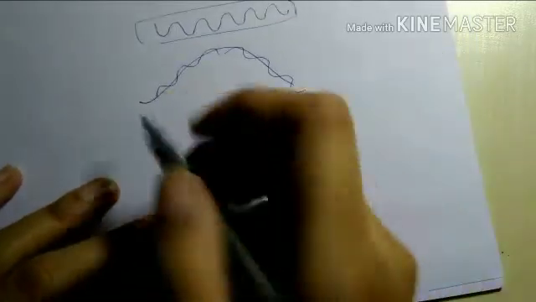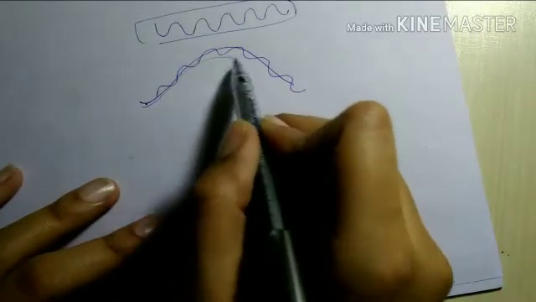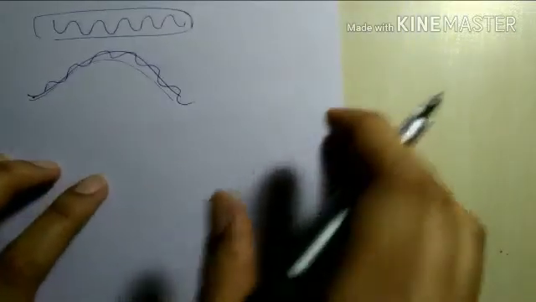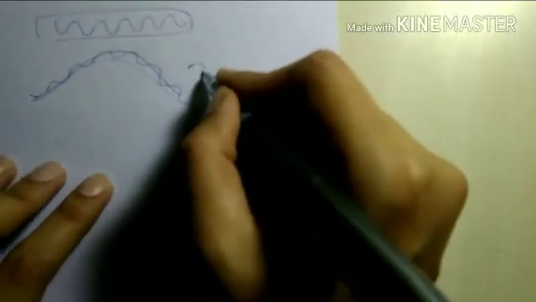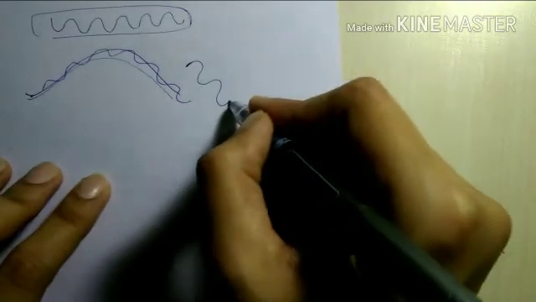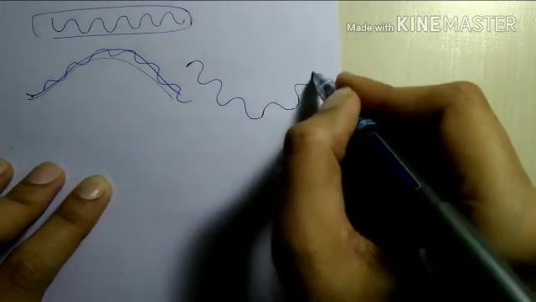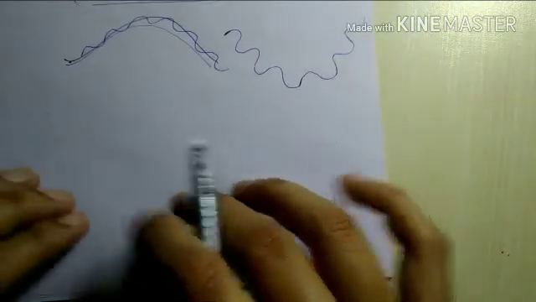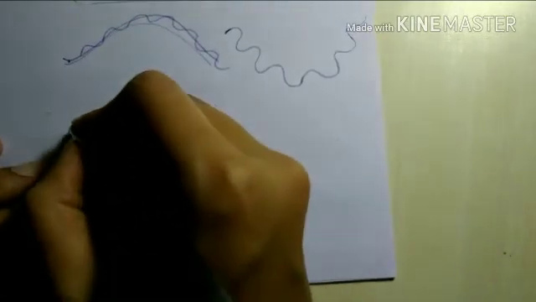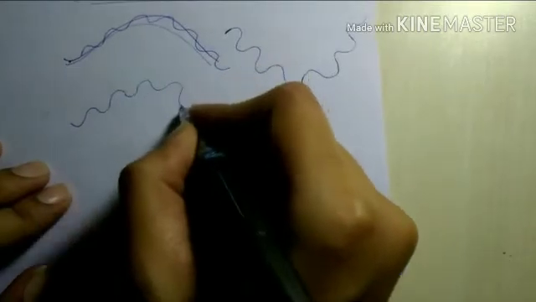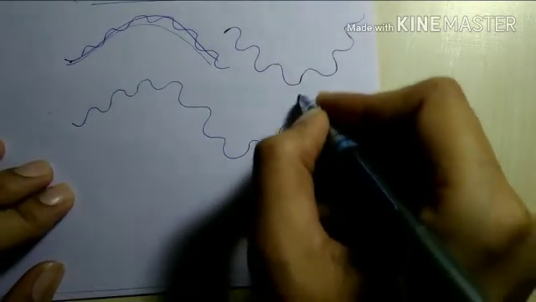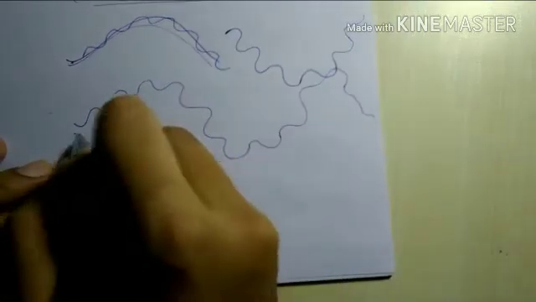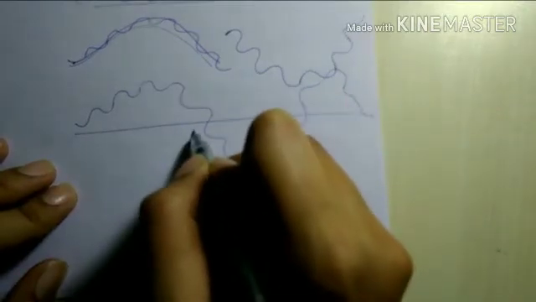Okay, so this is known as anticlinorium, and when the same thing happens in the opposite way, that is downward direction, this is known as synclinorium. Okay, and when anticlinorium and synclinorium happen simultaneously, like this, this is known as fan fold.